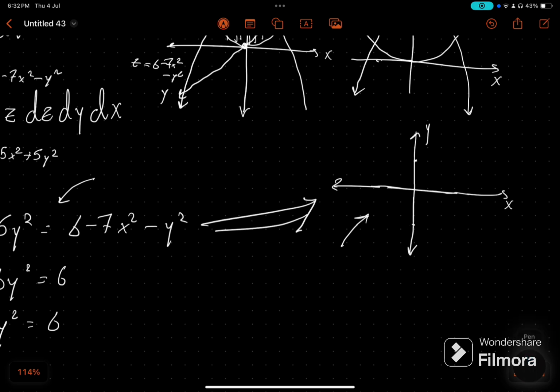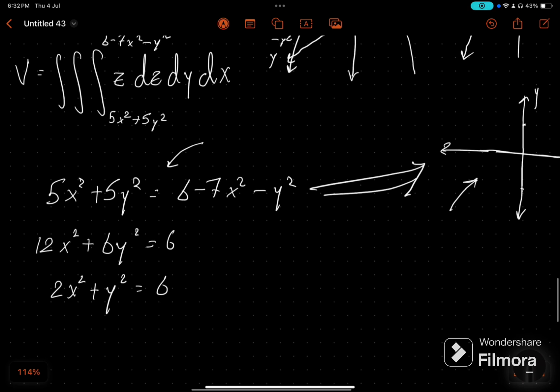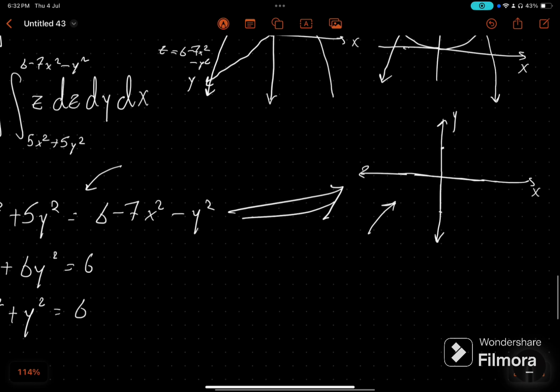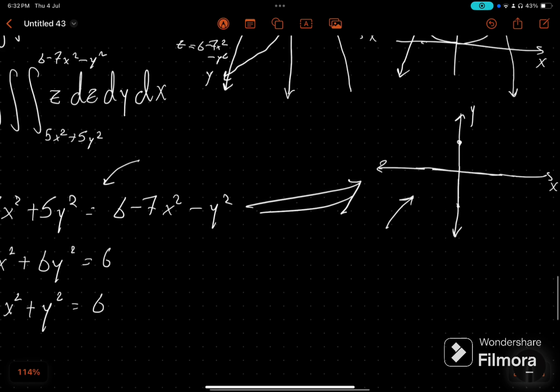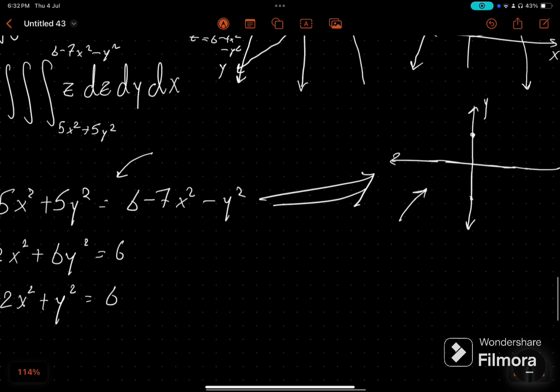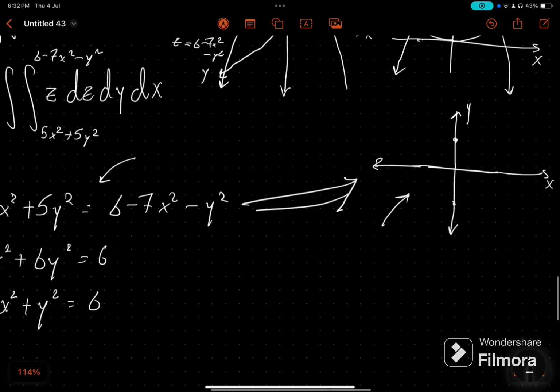So if we take x equals 0, we have y squared equals 6, or y equal to square root of 6, somewhere up here. If we take y equals 0, we have x squared equals 3, so x equals square root of 3.